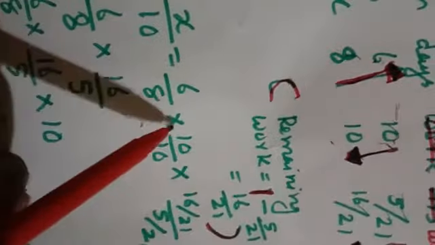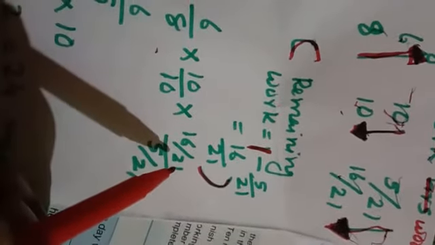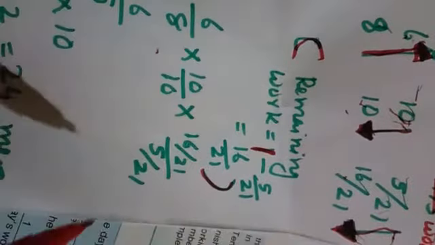Okay, now we can write x. The top of the arrow is nearest to x, so x by 10 is equal to 6 by 8, into 10 by 10, into 16 by 21 divided by 5 by 21.